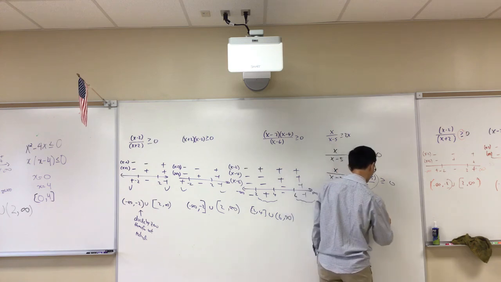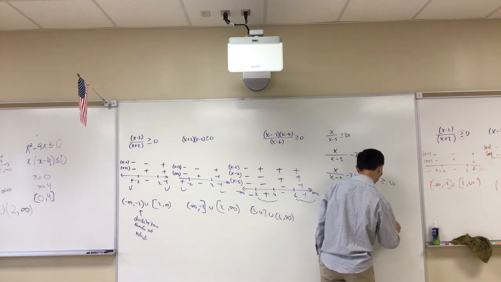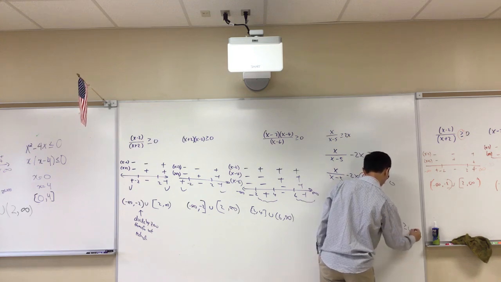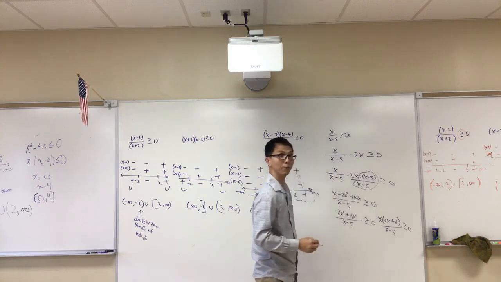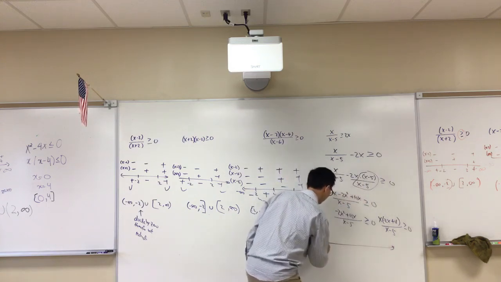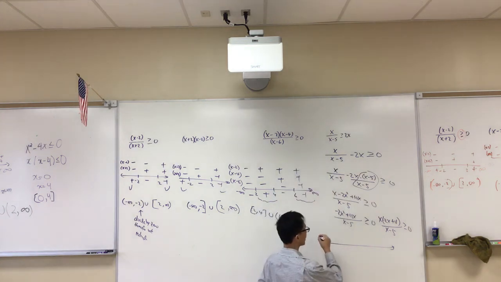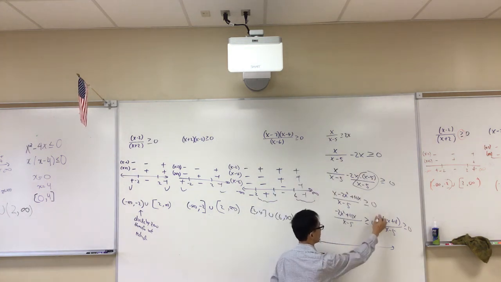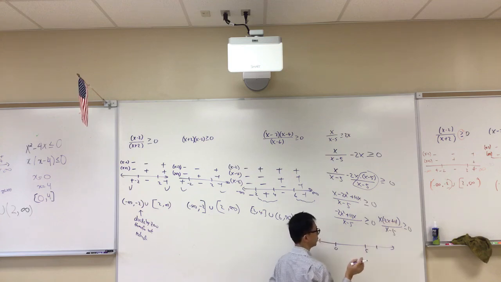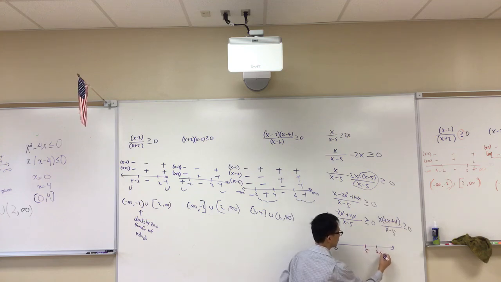I will factor out and figure out all three endpoints. The three endpoints are 0, 5, and 11 over 2, which is roughly 5.5.